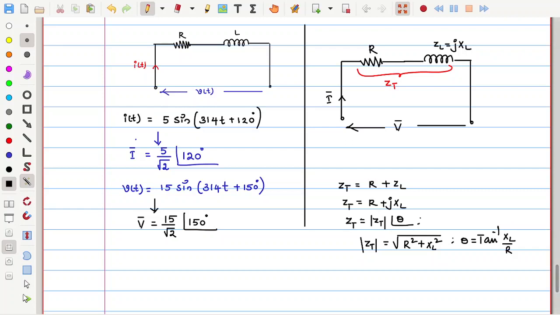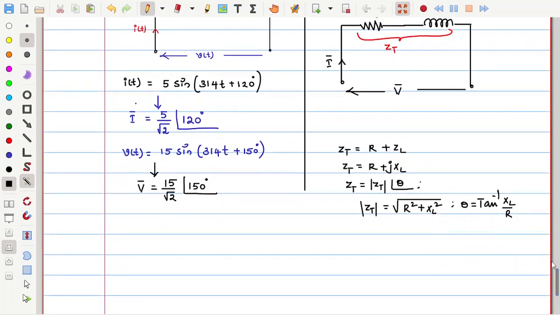Now see that just now we had written in the previous problem that if I know voltage and current, can I write V by I is equal to ZT? So, from the given information, the V to I ratio in phasor form is equal to ZT.